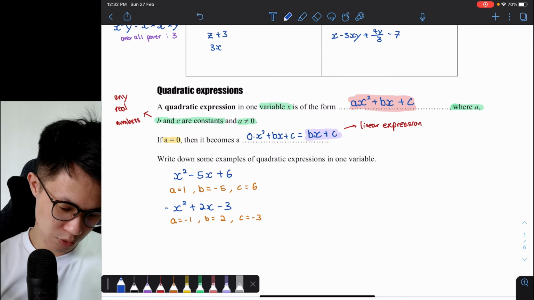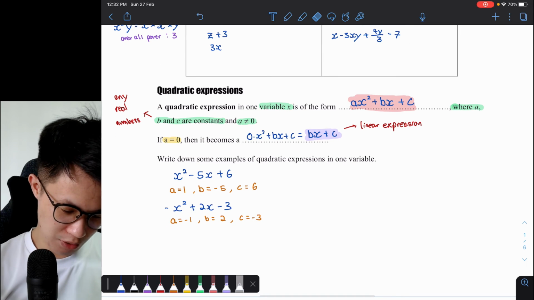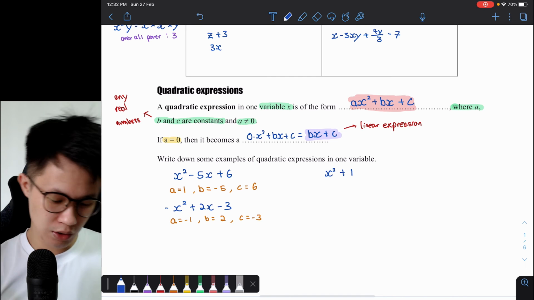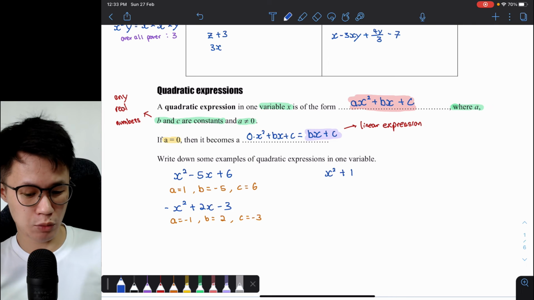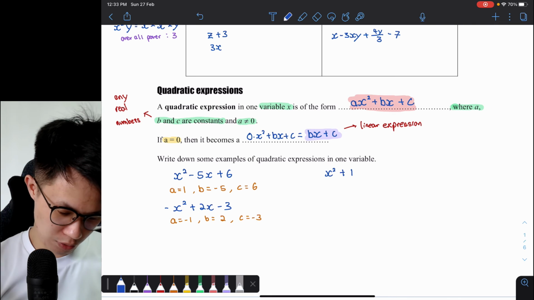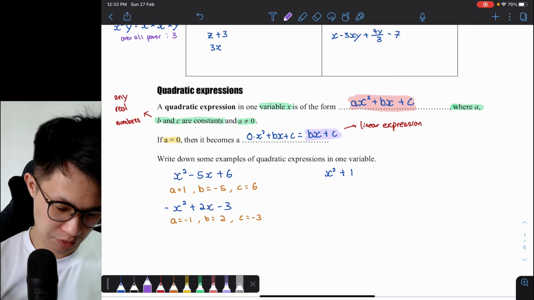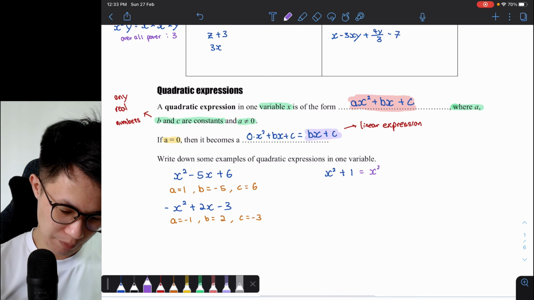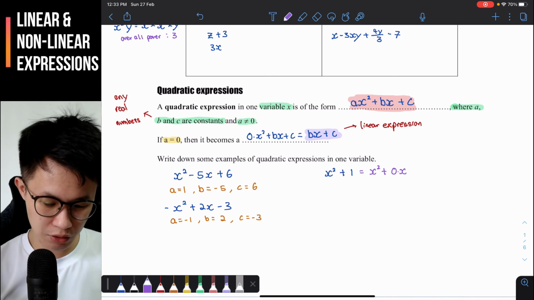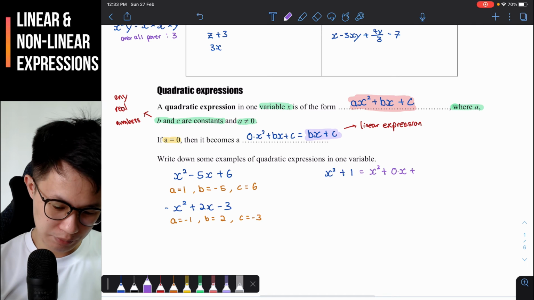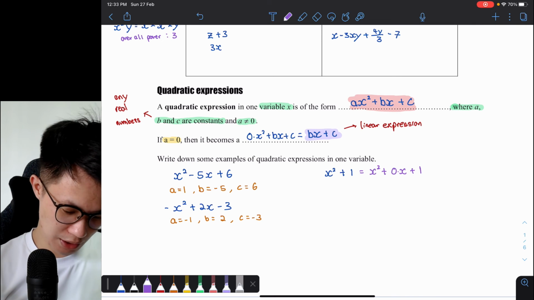We could also have a very special one. We saw just now we had x squared plus 1. I was like, oh no, is this considered quadratic because we don't have the x term, we only have an x squared term? Let me rewrite this. This could actually be x squared plus 0 times x plus 1.